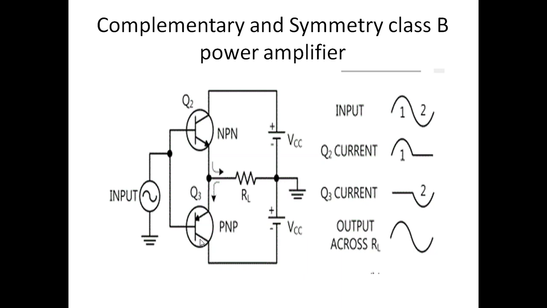Therefore, these two transistors will invert the signal, or one will be forward biased in one case. At the same time, the other will be in reverse bias.